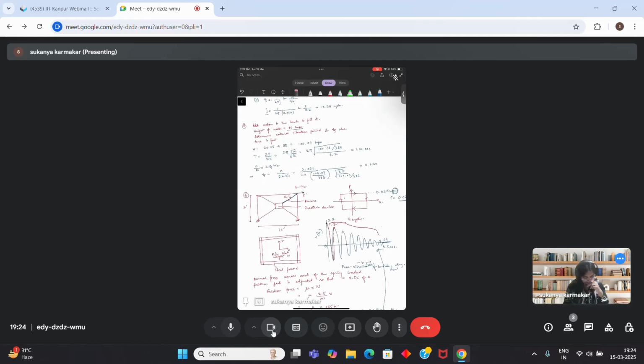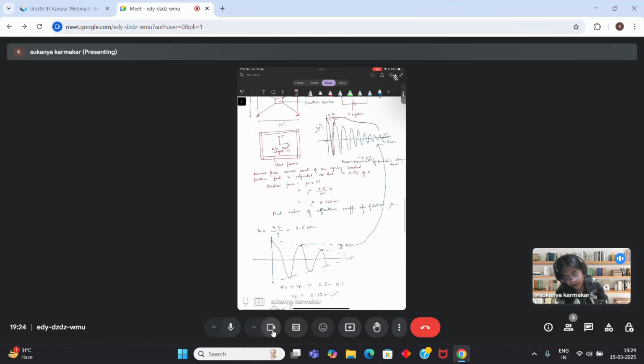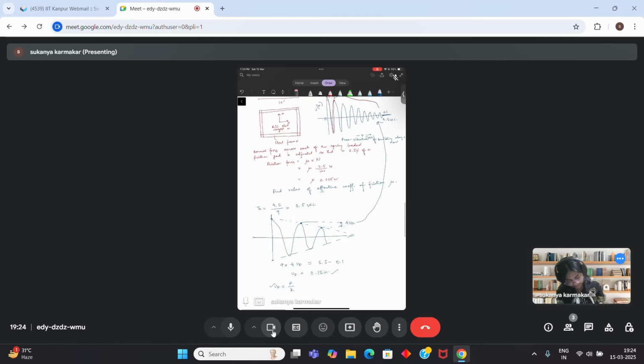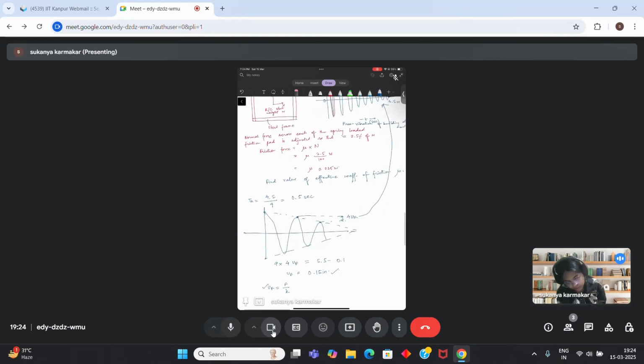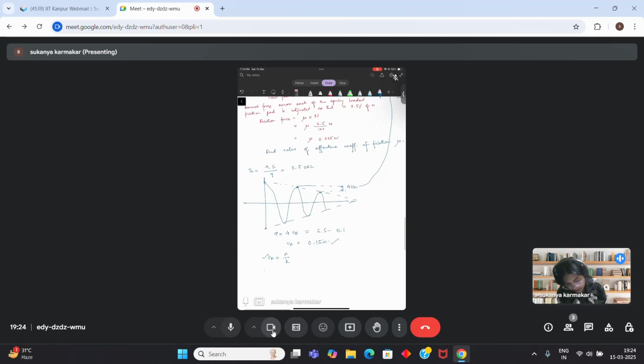I can calculate K because I know the value of time period. K is equal to m omega n square. Mass can be written as W by g, and omega n can be written as 2 pi by time period, so 0.5 seconds.